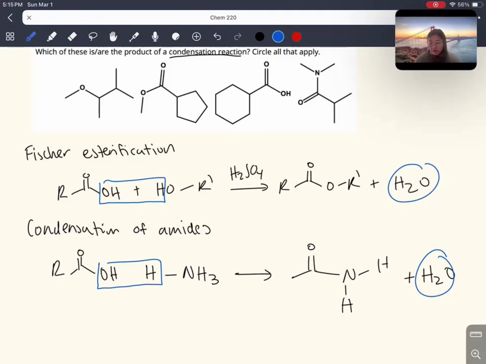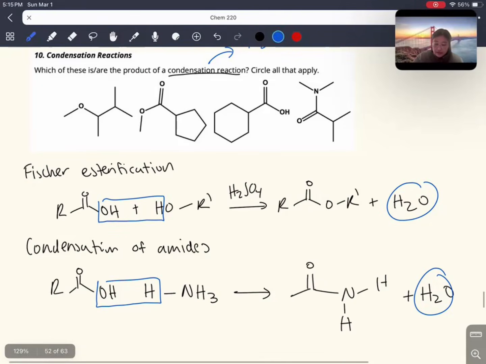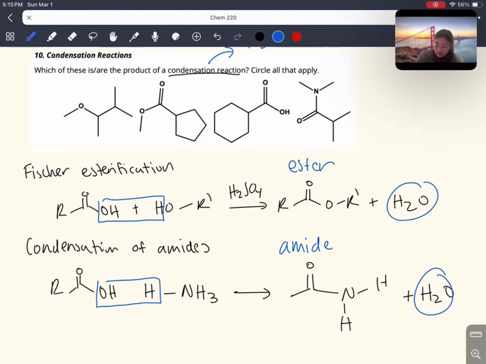And so now I know that we're trying to see which of these four molecules could have possibly been the product of a condensation reaction. I know that if I have water as a side product, there are two different molecules I can have. I can have an ester, which is a carbonyl bonded to an oxygen bonded to another R group, or I can have an amide, which is a carbonyl group bonded to a nitrogen, and then the nitrogen can be either bonded to R groups or hydrogens.